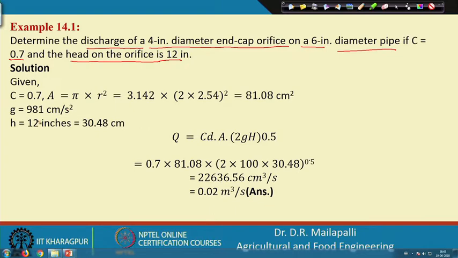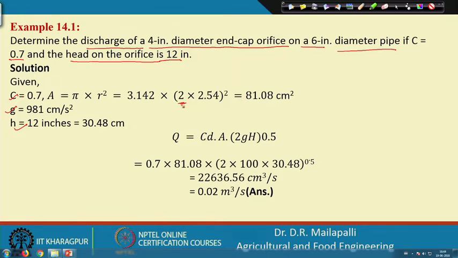So head H is given, and G and C are given. The difference in diameters will be 2 inches, so the orifice diameter is 2 inches.